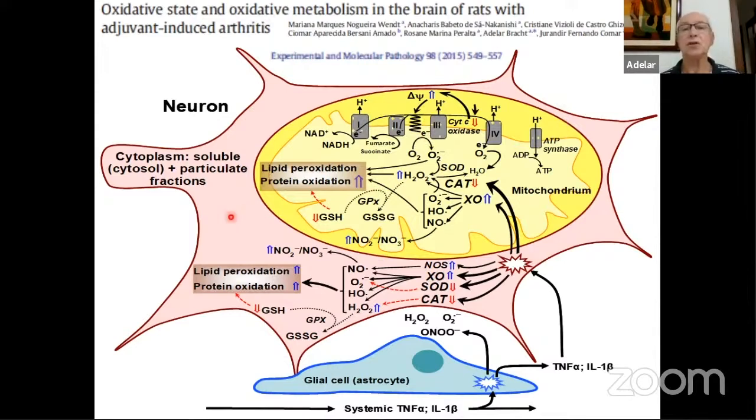Now, arthritis induces a series of modifications in the brain, as you can see, which are similar to those that occur in the liver and in the heart.